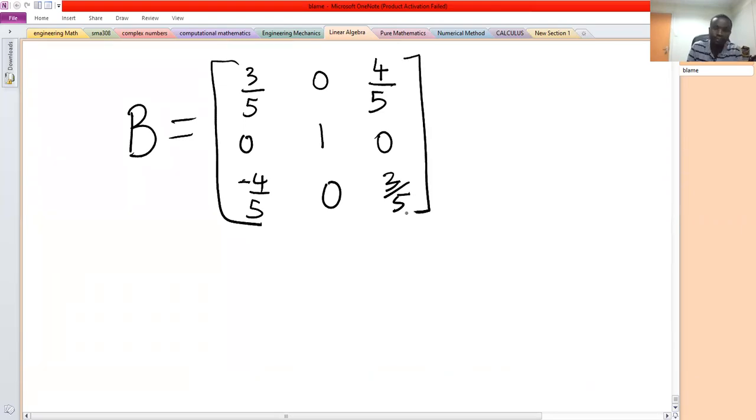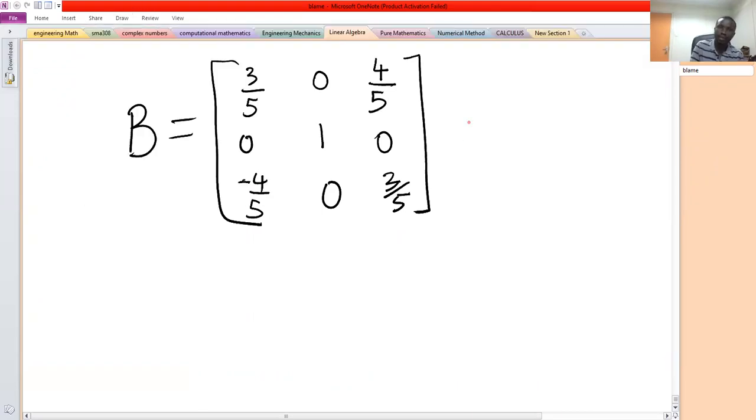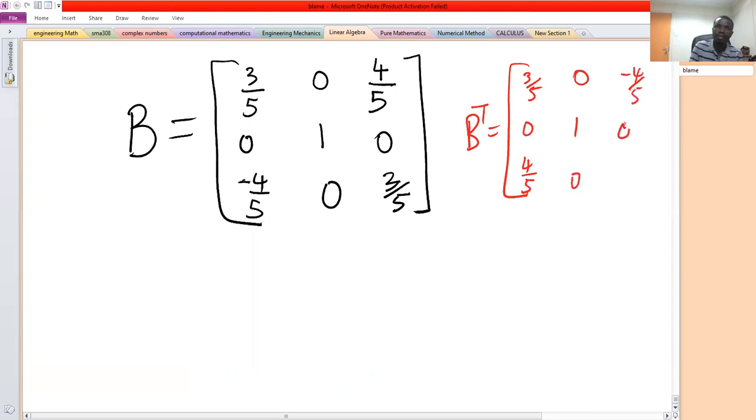Let's see whether this is orthogonal. The first thing we have to do is get the transpose. So B transpose will be 3 over 5, 0, minus 4 over 5, 0, 1, 0, 4 over 5, 0, 3 over 5.